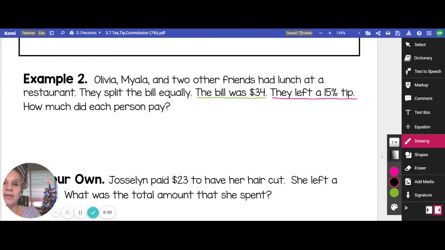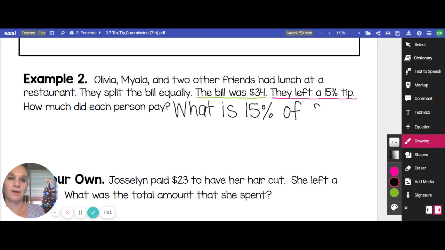So we want to know what is 15% of $34. And the way we're setting it up is the is over of equal to percent out of 100.